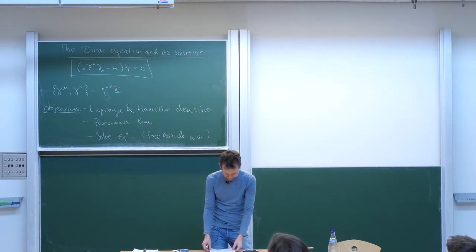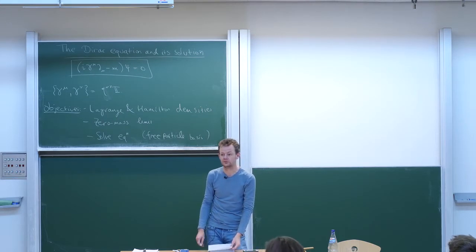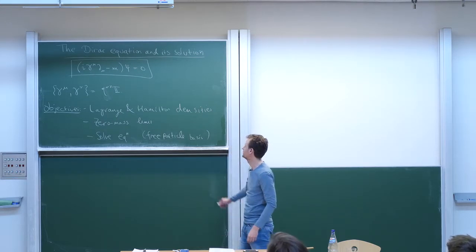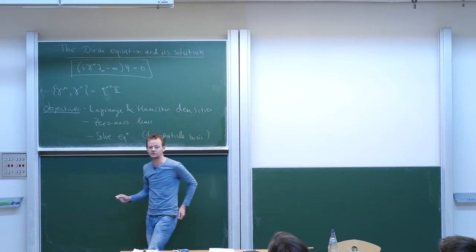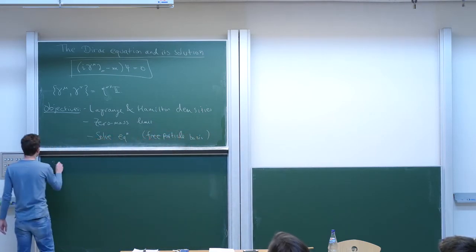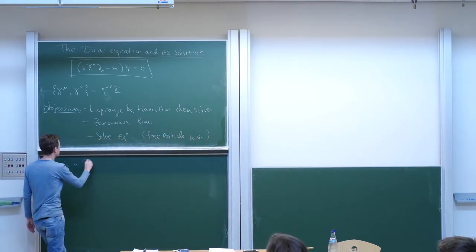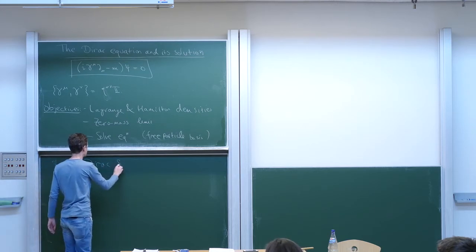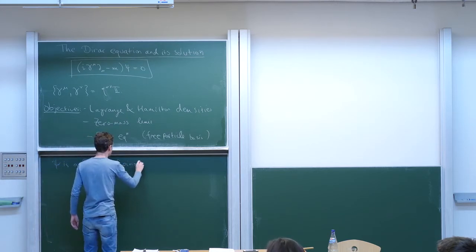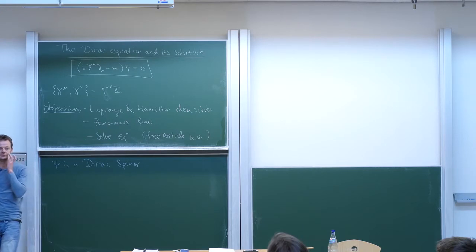Good. So let's now find a Lagrange density for the Dirac field. We've got this thing here, psi. That psi is a spinor, a Dirac spinor. Remember what a Dirac spinor is? It's something that transforms according to lambda one-half.